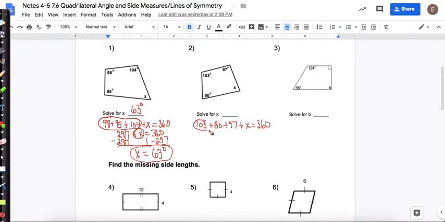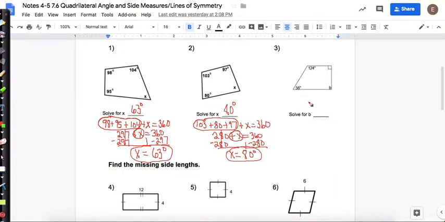So now we're going to add up the three measurements that we know, and those of course add up to 280 plus x equals 360. And we're going to circle our variable, draw our t. So to get x by itself, we have to subtract 280 from both sides. The 280s will cancel. Bring down your x, and 360 minus 280 is 80 degrees. So our missing angle is 80 degrees.